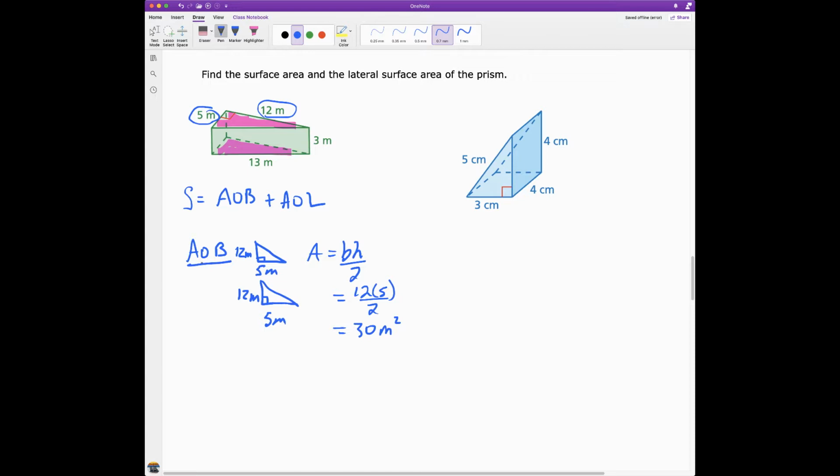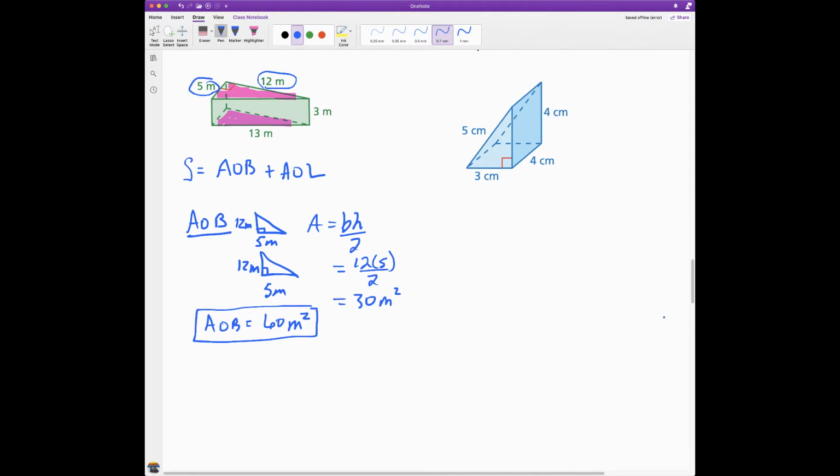So the area of the bases, the actual area of the bases, equals 60 meters squared. Okay. Now the area of the lateral faces. All right. There are, let's see, 3 rectangles. So let's find the area of those rectangles.